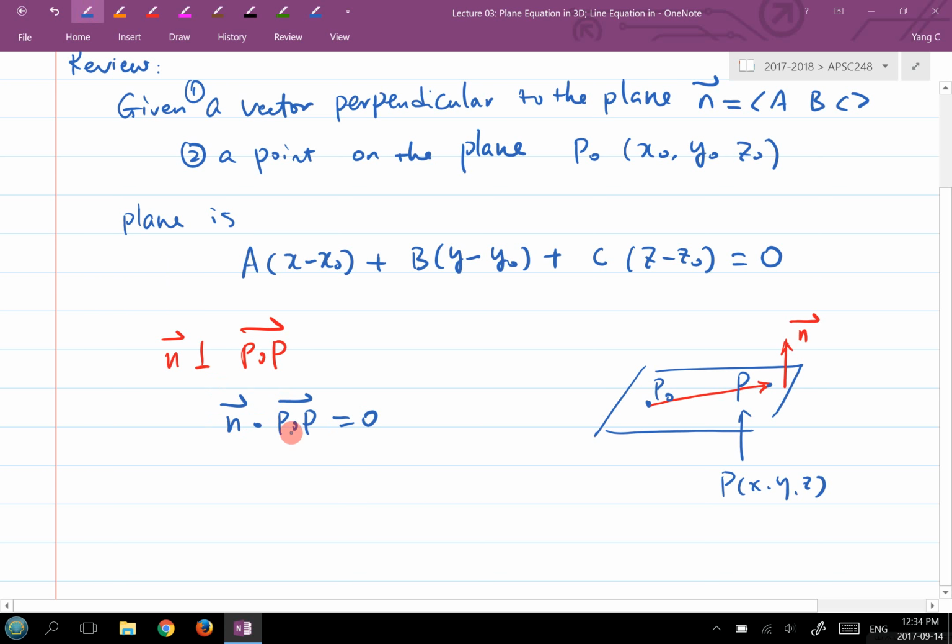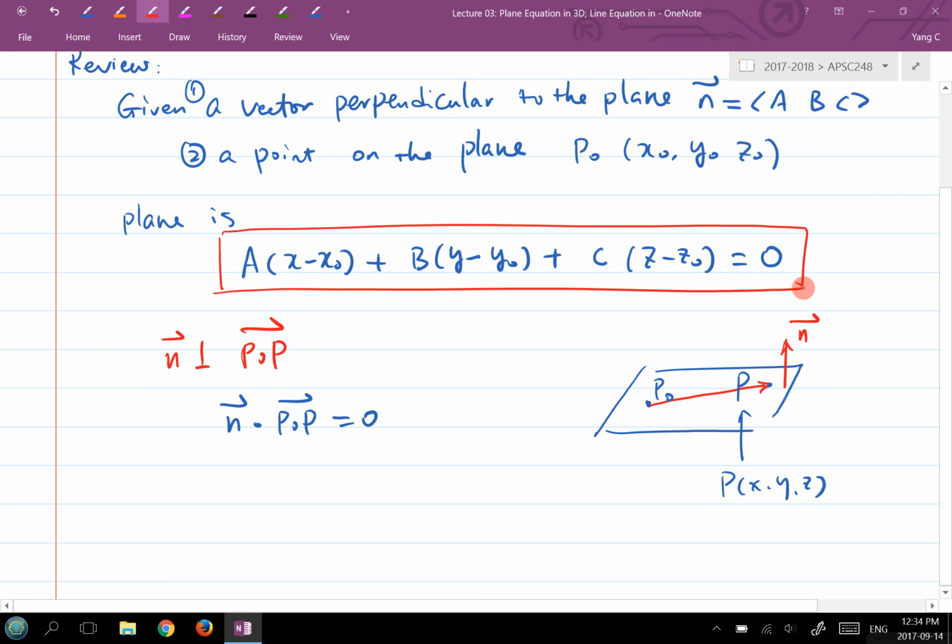If you substitute the vector n and the coordinates of P and P0 into this equation, you get this one here. So that is the plane equation.